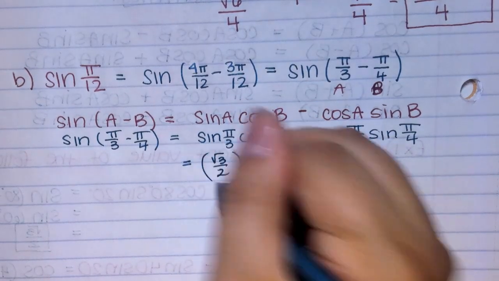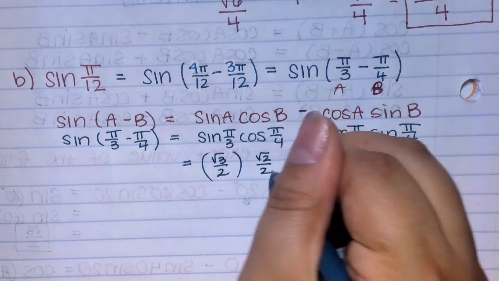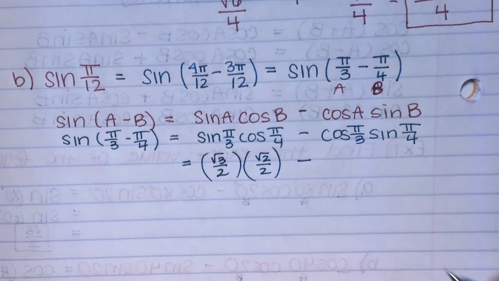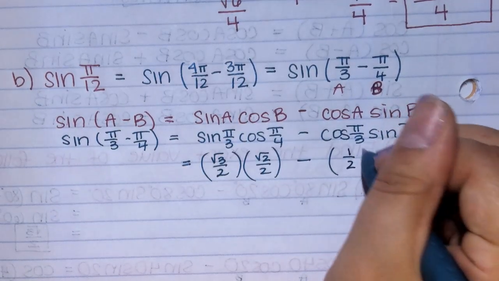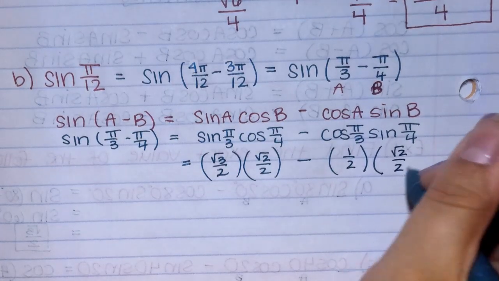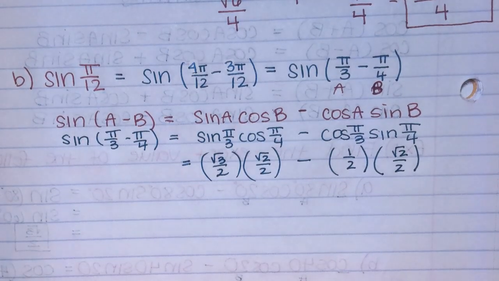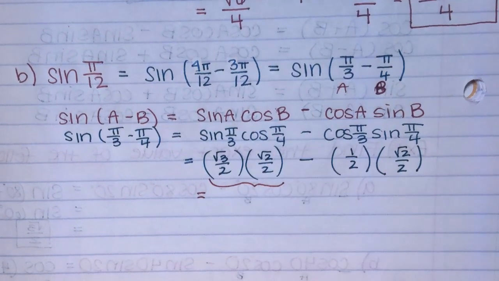What is the cosine of pi over 4? The cosine of pi over 3? And the sine of pi over 4? What does that give me?